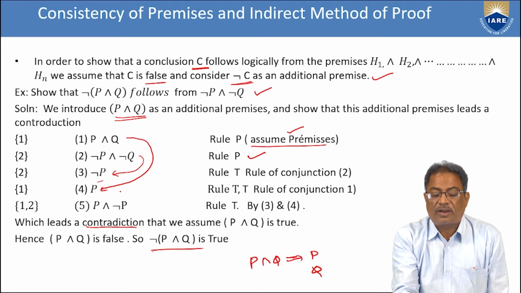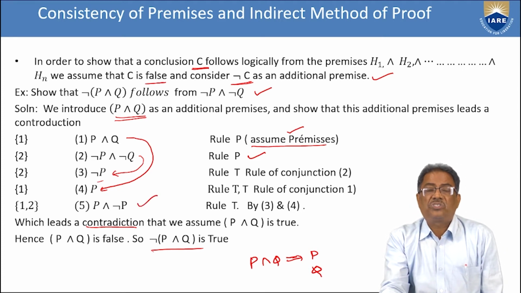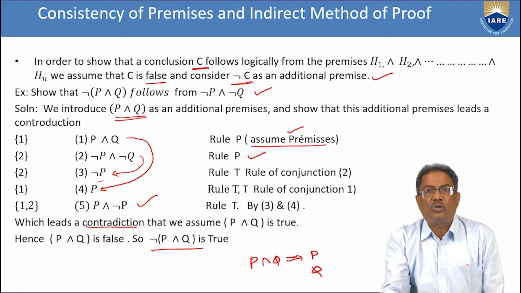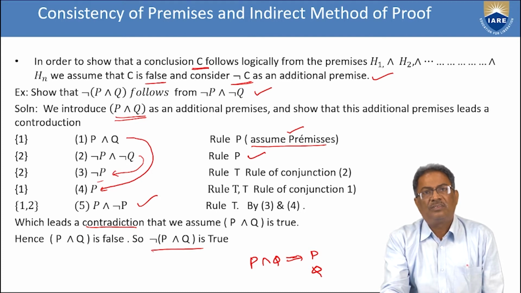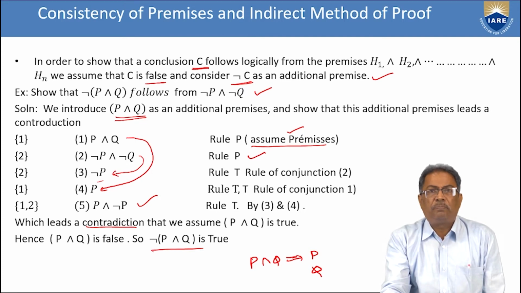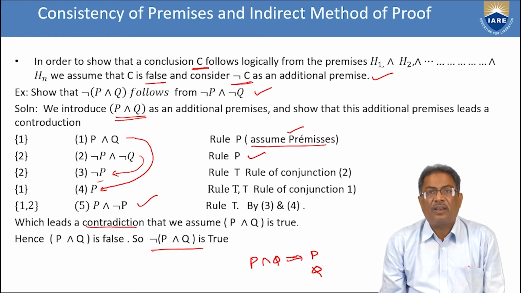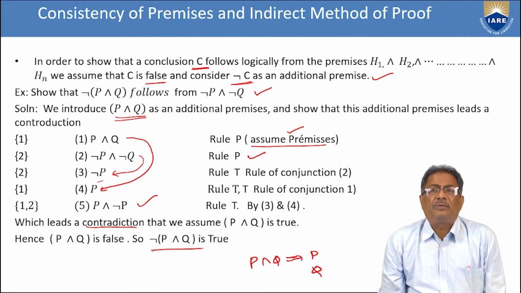So what we arrive at is a contradiction, because our assumption that P and Q follows from negation P and negation Q is false. So negation of (P and Q) follows from negation P and negation Q. This is the final conclusion, the other way that we are going to prove.